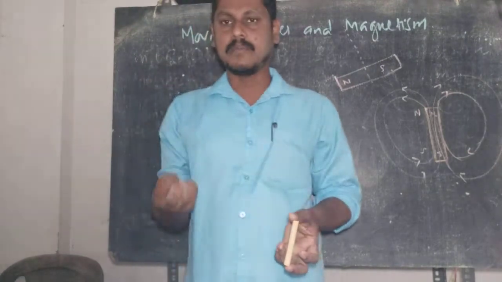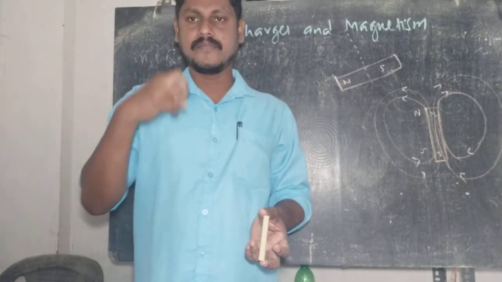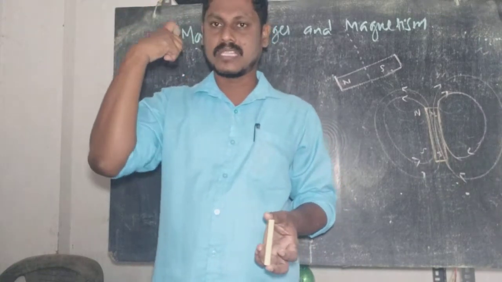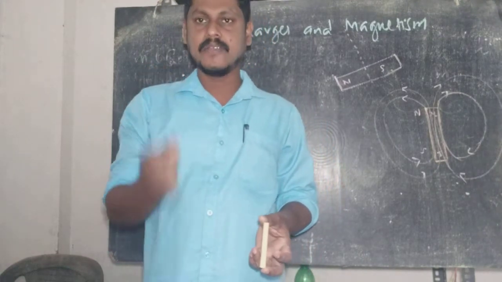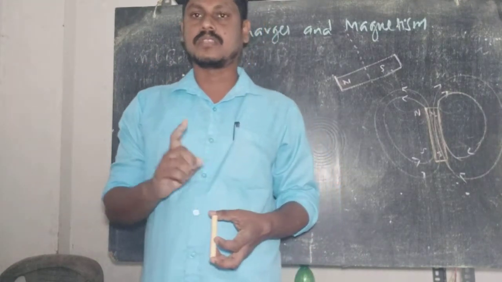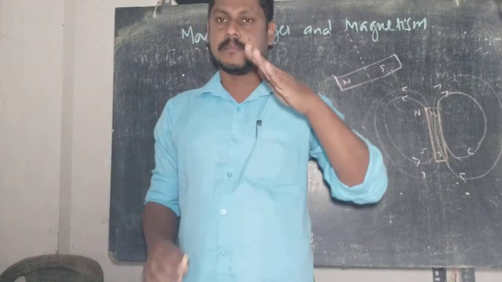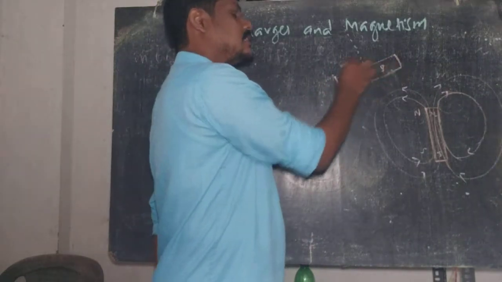It is a property by which that material can attract some iron filings, and also when suspended freely on the earth's surface, that magnetic material will align itself along the geographic north south direction of the earth, and hence that magnet has two poles, which are the north pole and the south pole.